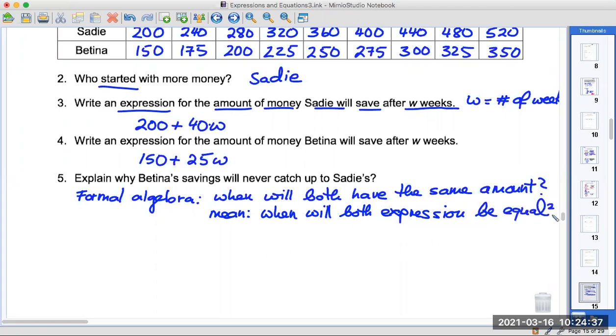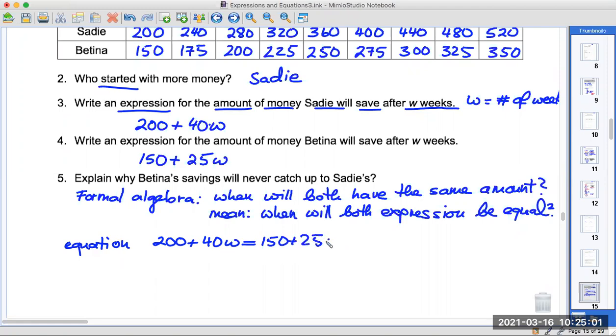So that's what we're looking for. When will both expressions be equal? And then we're setting up an equation, because equal means equation. Something is equal. So say 200 plus 40W, when will that be equal to the other expression?